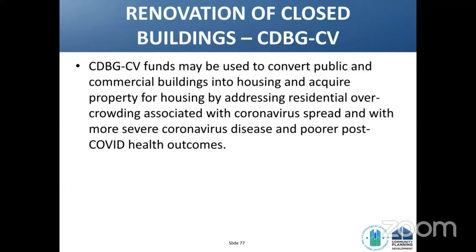If you can tie it back to addressing coronavirus, then you will be able to use CV for the conversion versus annual appropriation CDBG, I'm sorry. Next slide, please.